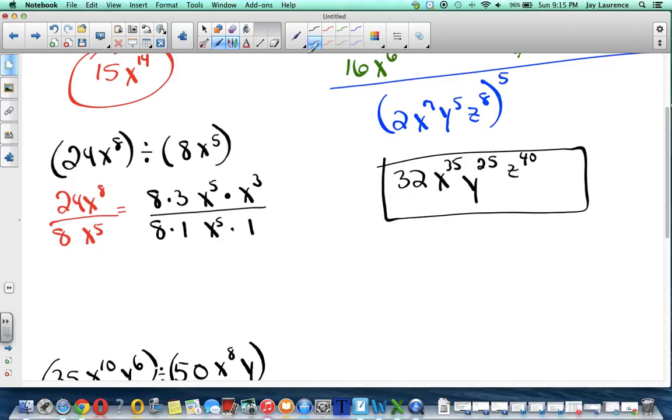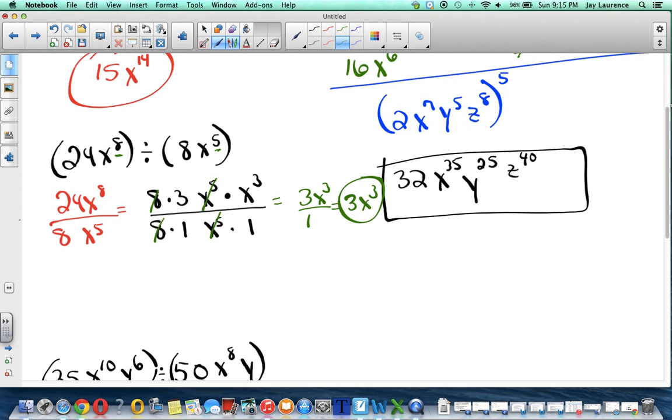Don't put a times x, because that won't be x to the 5th anymore. All right, the 8s are going to cancel. The x to the 5ths are going to cancel. And sure enough, I'm going to have 3 times x cubed. That'll be over 1 times 1, or better yet, just 3x cubed. Pretty easy. Hey, look at that. My exponent is 3.